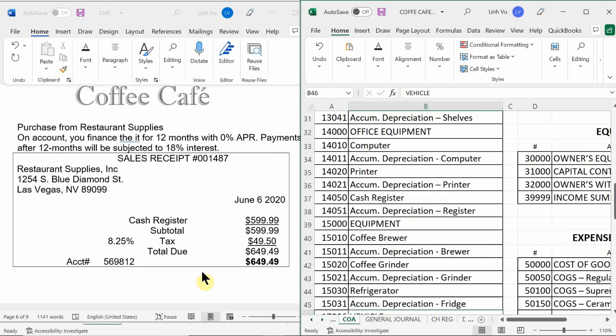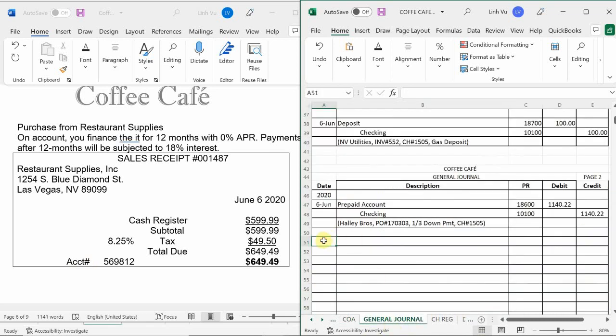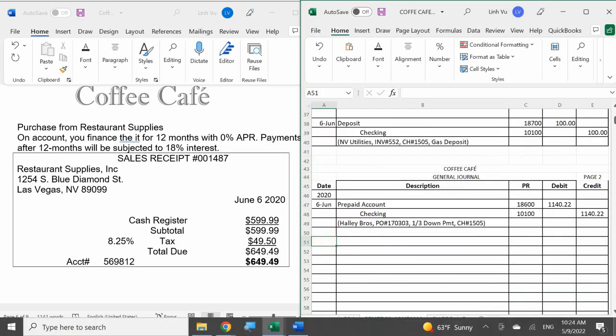So in this case, 14,050. You bought a cash register. Okay. On 6/6, you bought a cash register. Okay. 14,050. Okay. And I bought it on an account.